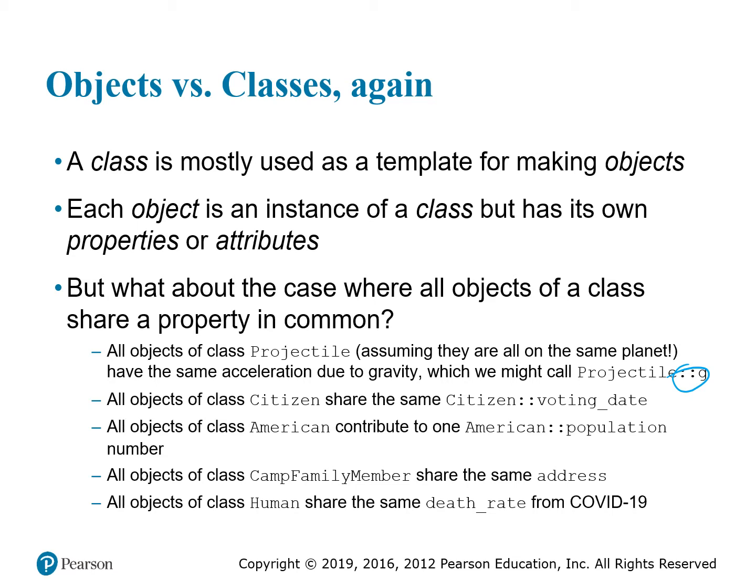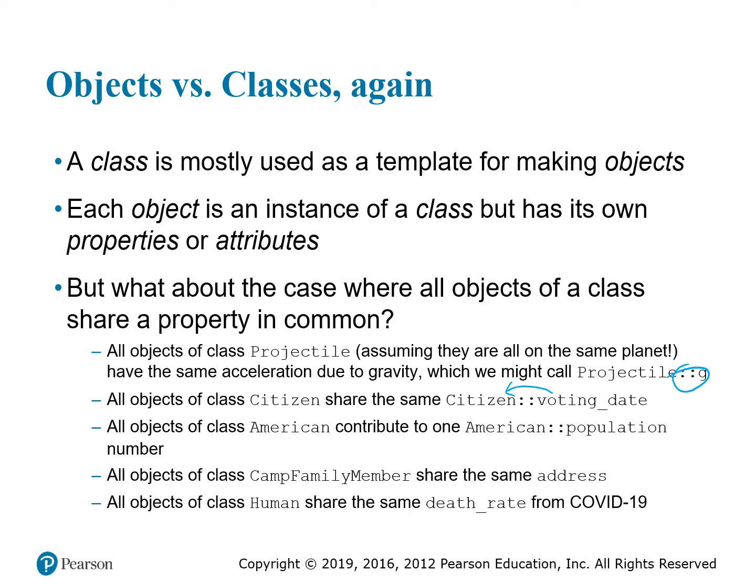Again, no reason to have a different voting date for every single person when we all, Americans at least, vote on the same day, the first Tuesday in November for whatever reason. And so we can again make voting date just a member of the class citizen instead of having to make it part of every single object.